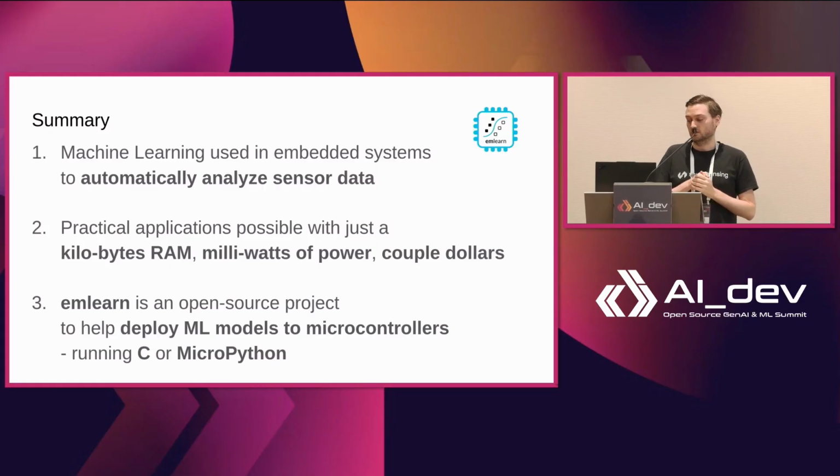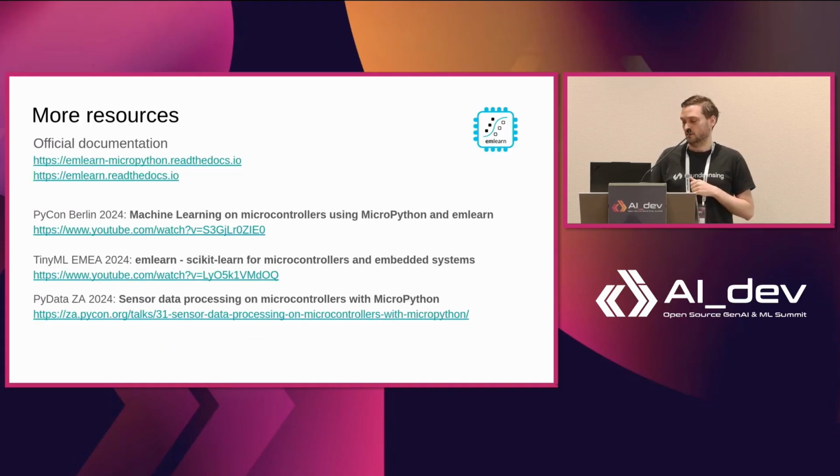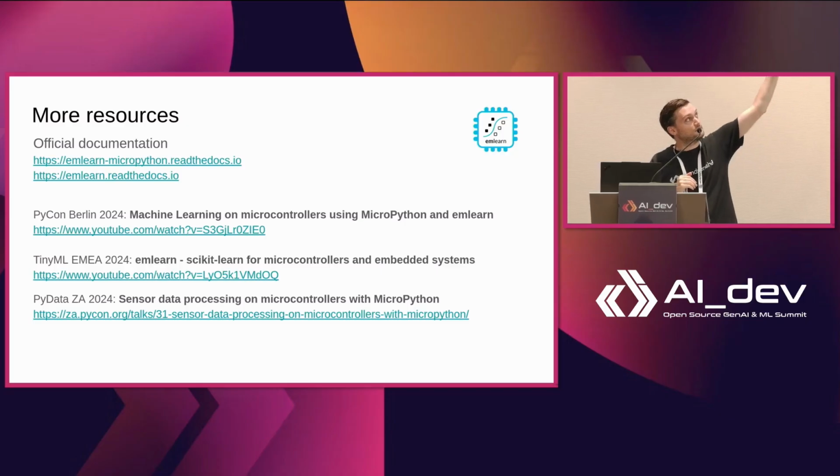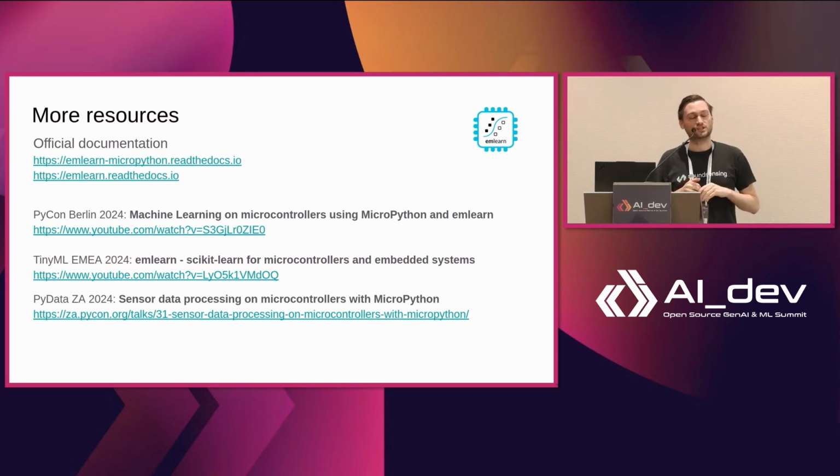And emlearn is an open source project that helps you deploy machine learning models to microcontrollers, running either with C or with MicroPython. There's a bunch of documentation separated for these two libraries, and I've also given more in-depth or focused talks at different conferences, which you will also find linked from the documentation.